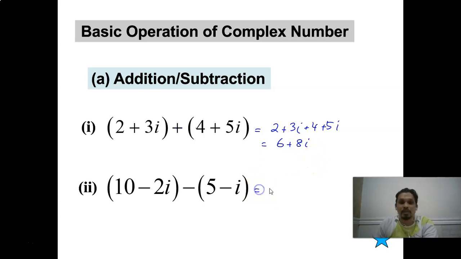And this one here now, it is 10 minus 2i minus 5 minus i, negative times negative equal to positive i. So 10 minus 5 is 5, negative 2 plus 1 is minus i.